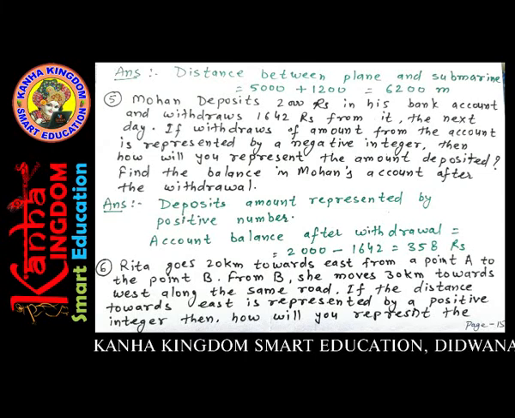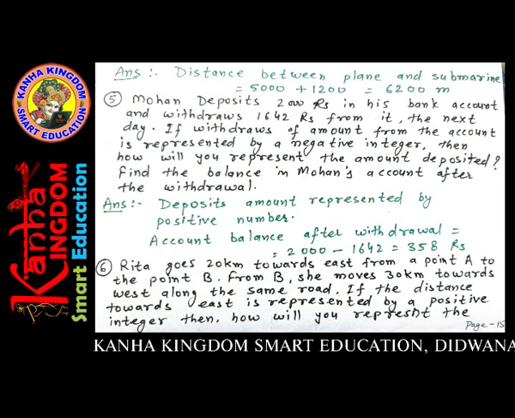Find the balance in Mohan's account after the withdrawal. The withdrawal amount is denoted by a negative number, so the deposit amount is represented by a positive number. Account balance after withdrawal is the difference of deposit amount and withdrawal amount. So the answer is 2000 minus 1642. The answer is 358 rupees.